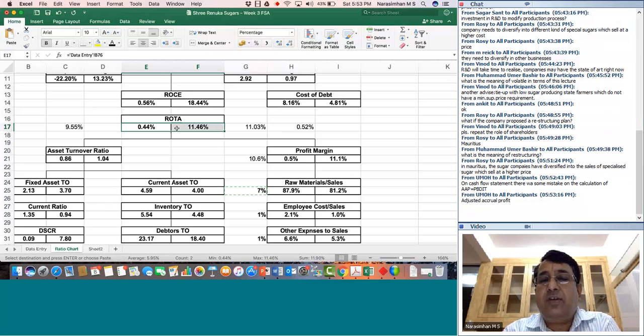Yeah, I understand, adjusted accrual profit. See, adjusted accrual profit is defined as profit before depreciation, interest, and taxes, minus other income, minus taxes. So this is what we say, right? I'm not sure whether we have computed this number here. But since we have the data, we can do that here.